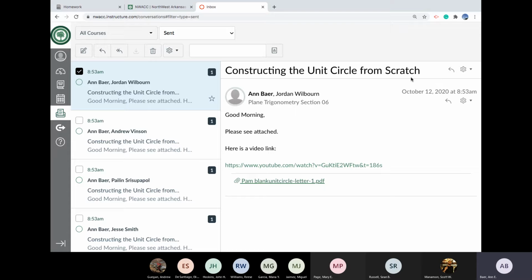There's just too much. So one of the items that I'm trying to encourage students to do is to construct the unit circle from scratch. I do not have time to go over this in this course, as this course is the most jam-packed course that I've ever taught at NWAC in terms of what it covers.